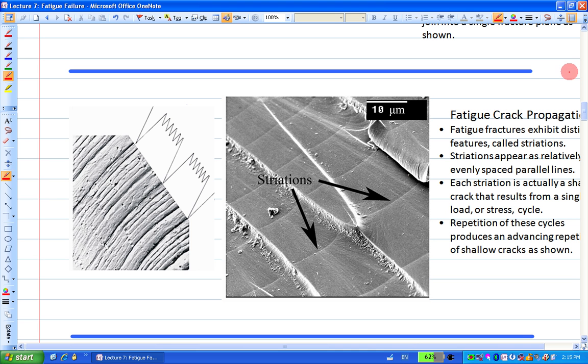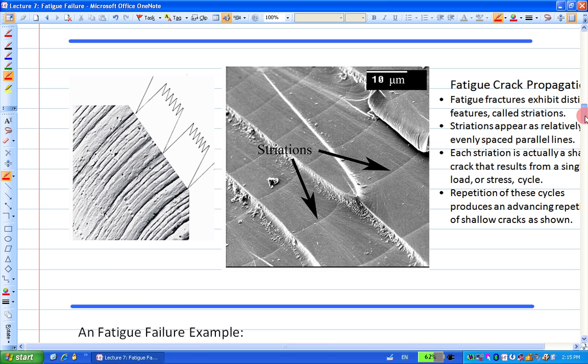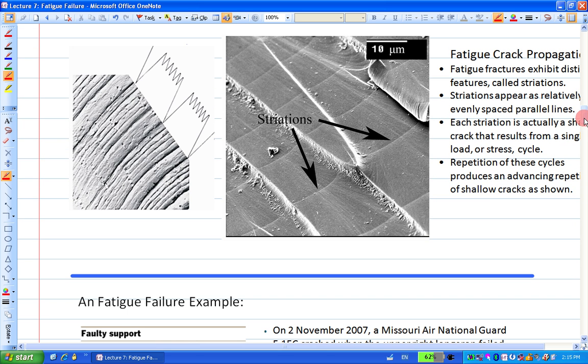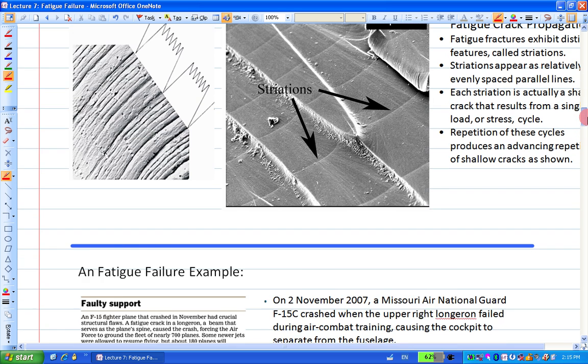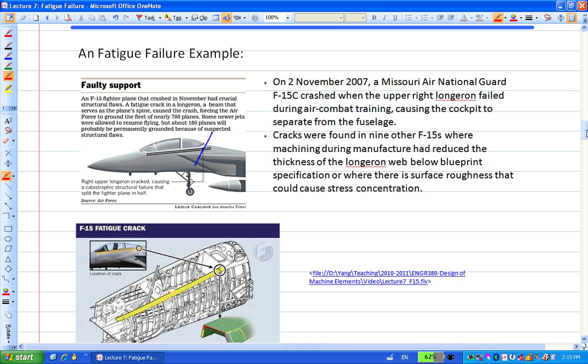Fatigue loading actually happened to me once too. I had a bicycle when I was a graduate student at UBC. I was using it happily on campus, and all of a sudden I felt this thing doesn't work anymore. You keep pedaling, but it doesn't work.